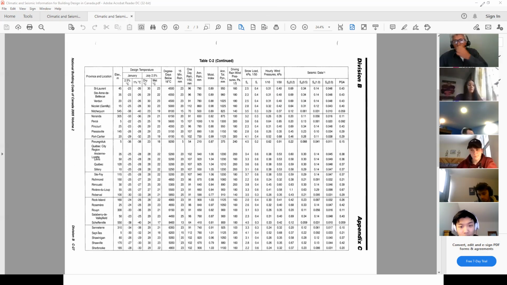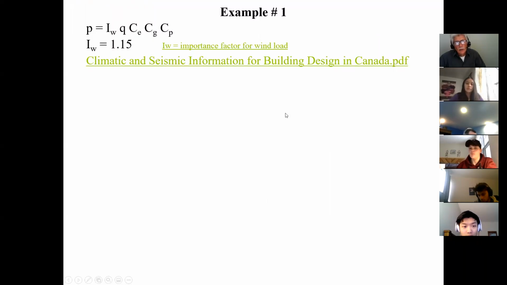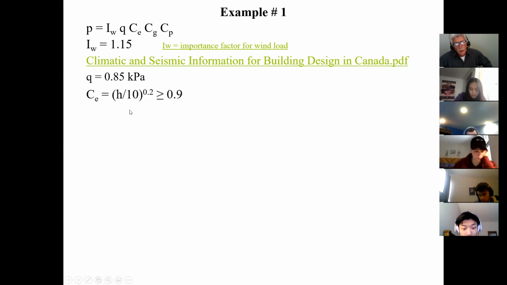Now that I've got this, there's my 0.85. That's my Q value. Now, I know I'm in open terrain. This is the formula that I need to calculate the CE value, and it has to be at least 0.9. I'm going to have two values of CE.